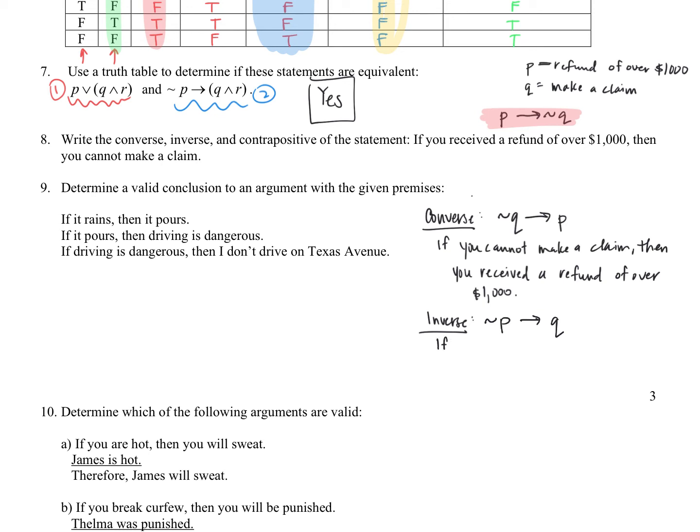So first we have, if you received a refund of over $1,000, this is now going to say, if you did not receive a refund of over $1,000. Okay, so we're changing it to a not, right? Then now we have a positive Q. Instead of you cannot make a claim, it's going to be then you can make a claim.